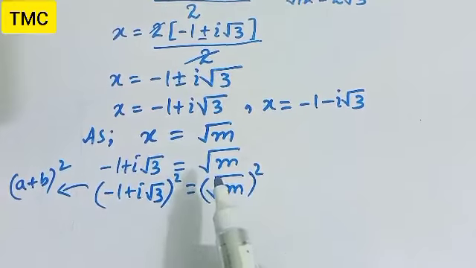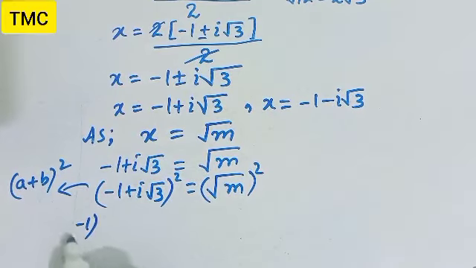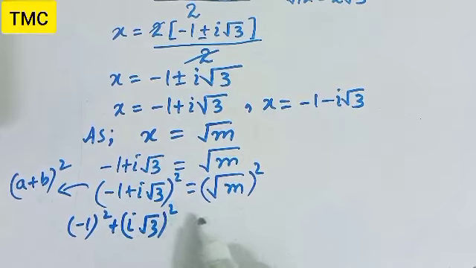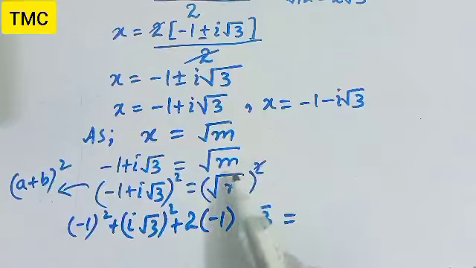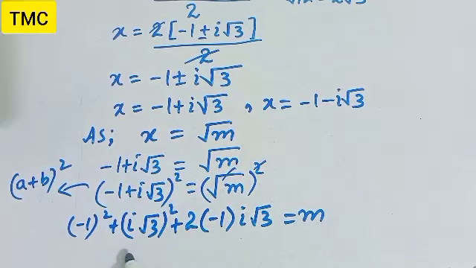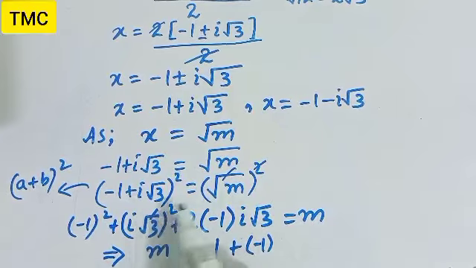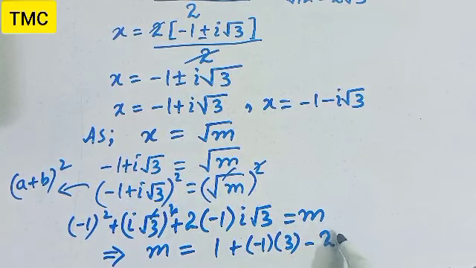So opening the formula on the left hand side, a square is -1 square, plus iota under root 3 whole square, plus 2 into -1 into iota under root 3, equals m. -1 square is 1, plus iota square is -1, into square and square root cancel out, 3, plus negative 2 iota under root 3, equals m.